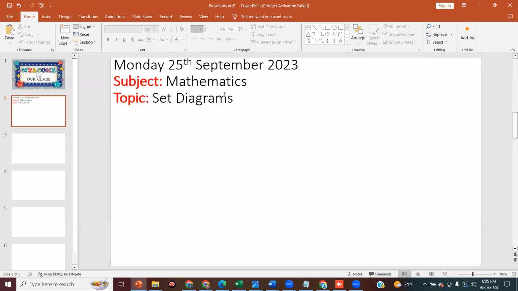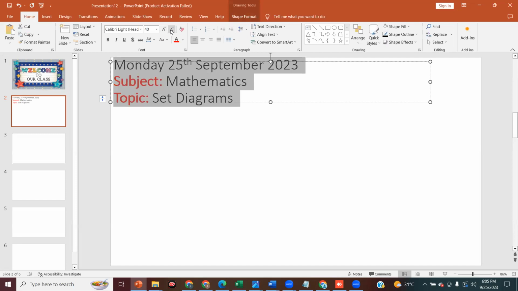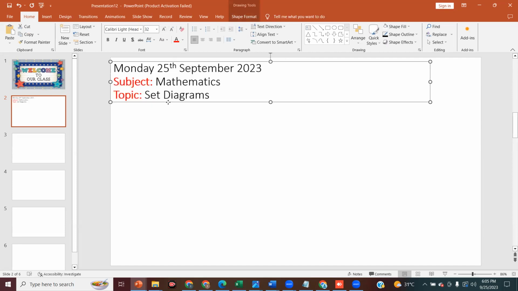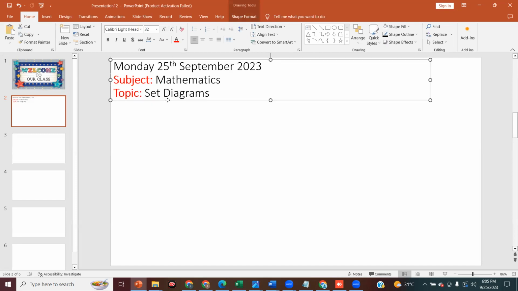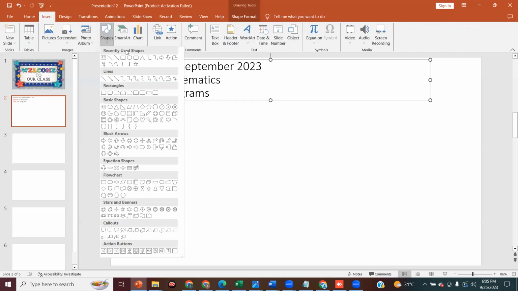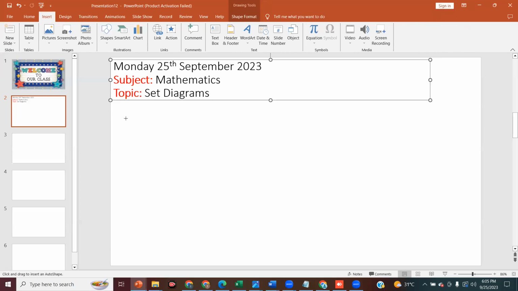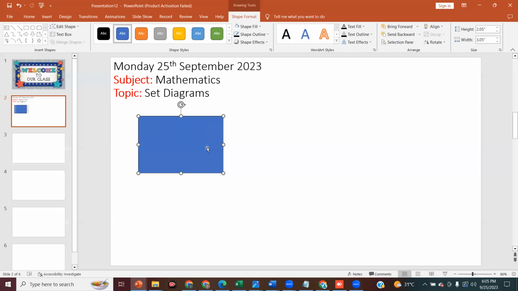Hopefully we can get as much in as possible. The first one we're going to be looking at, let's look at this first diagram. Please use a ruler and a pencil to draw this. Again, use a ruler and a pencil to draw it.